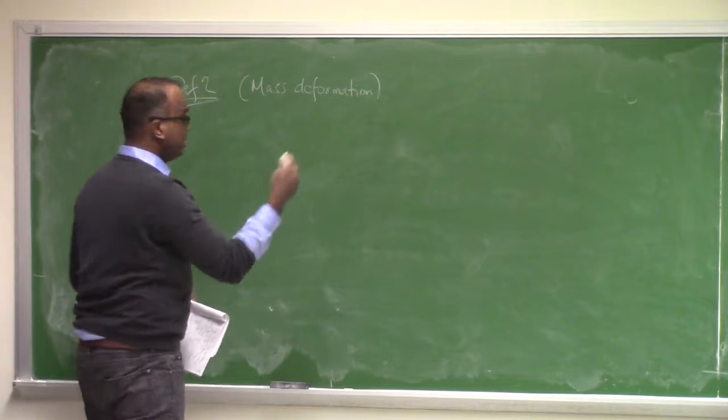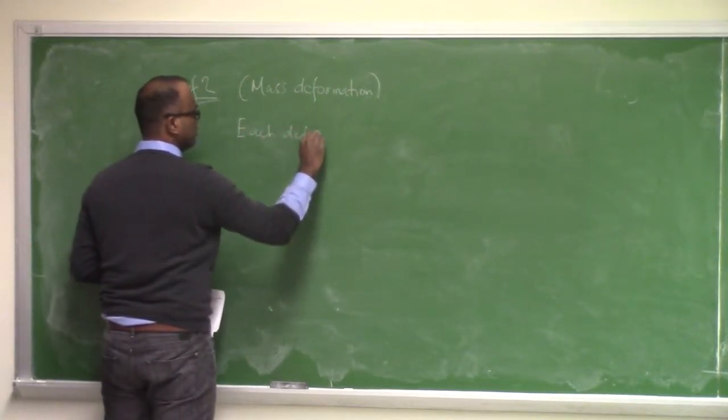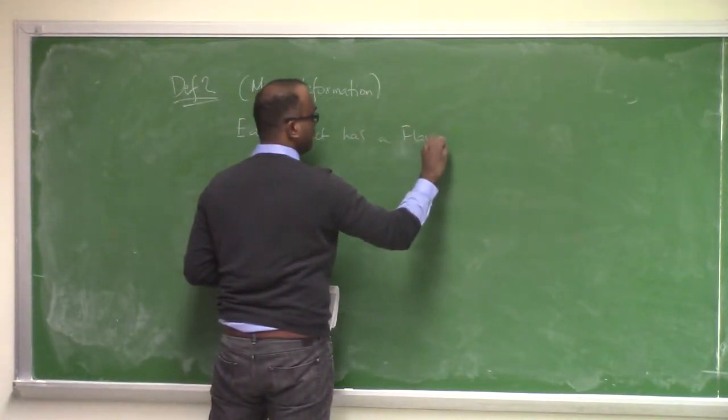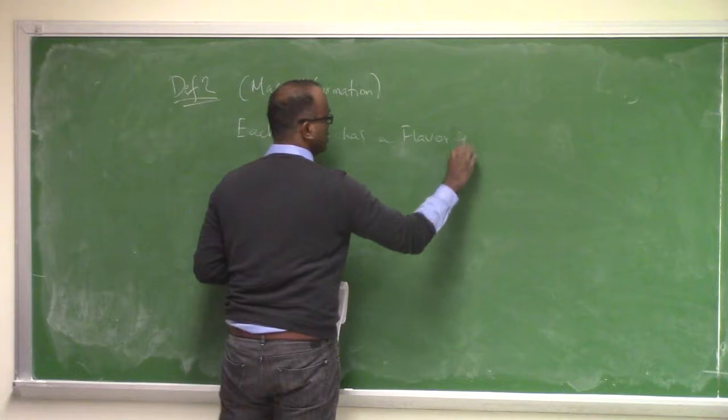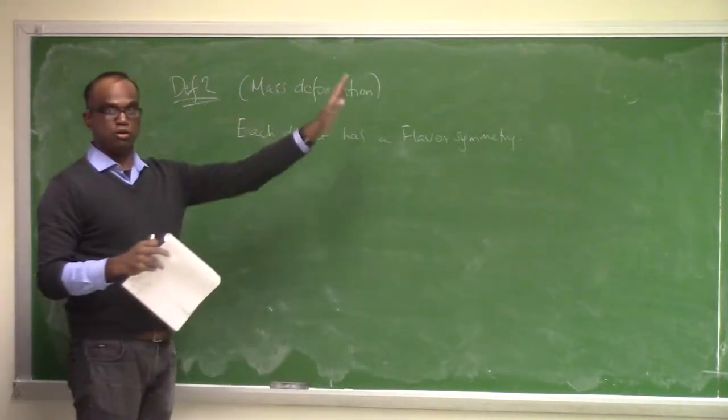So associated to each defect is a flavor symmetry that's actually not obvious on the Coulomb branch.